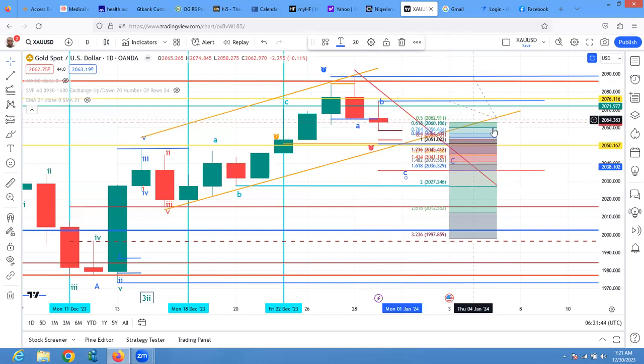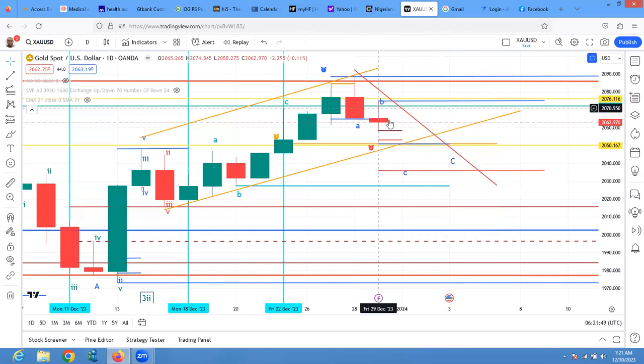except it's becoming a more complex correction. So if the C that you expect as a C now is turning to be something else, we will know. Because again, it could end up giving us a WXY, whereby this one becomes an ABC and becomes a W, and the price would go up without breaking 76 to the upside or 61 and turn to the downside again to break structure.